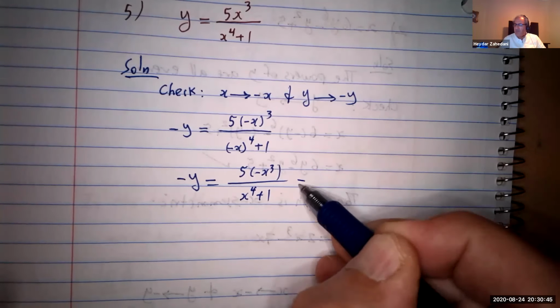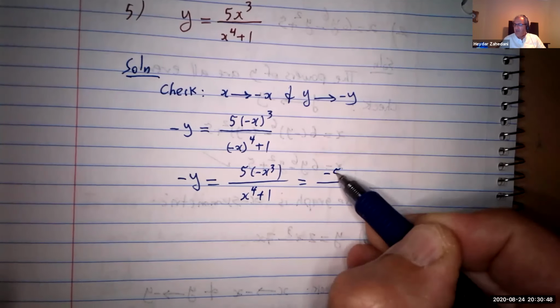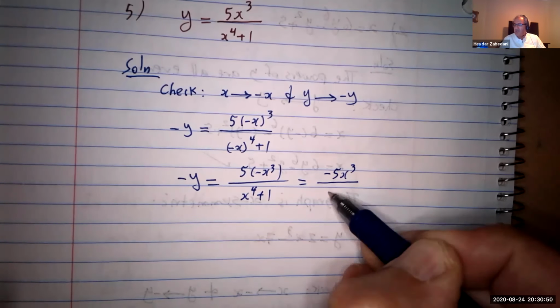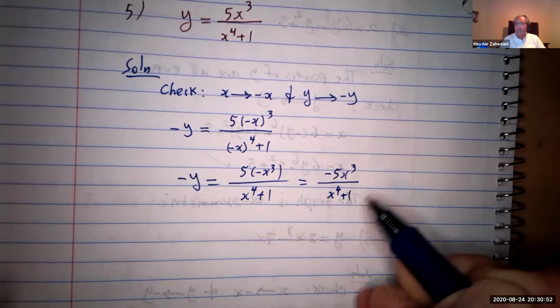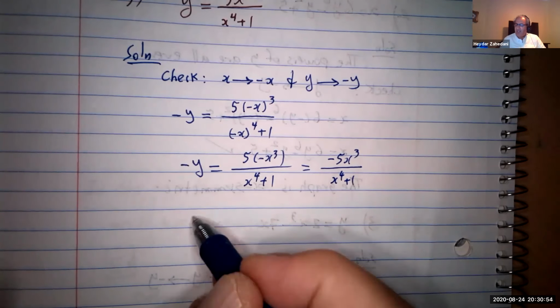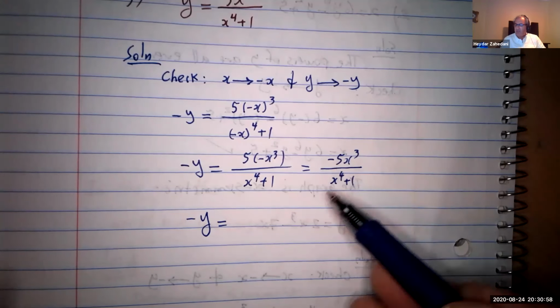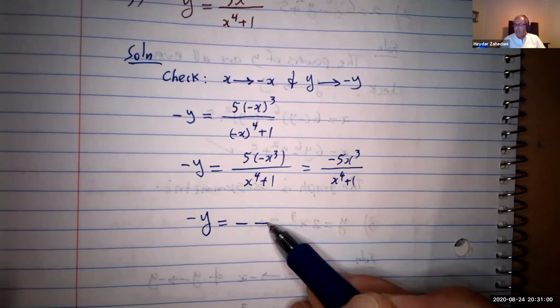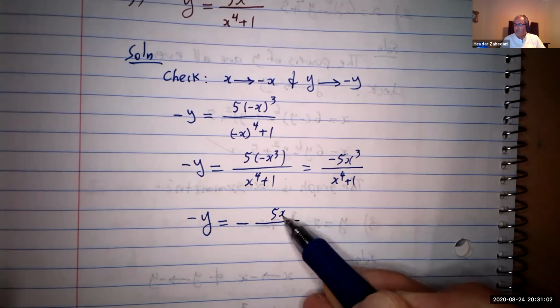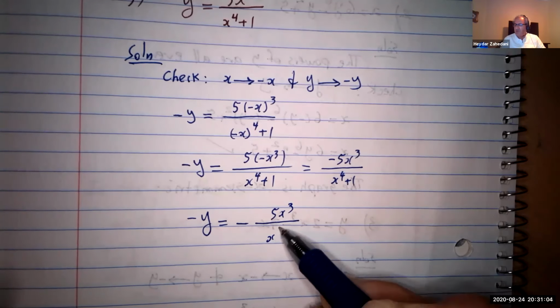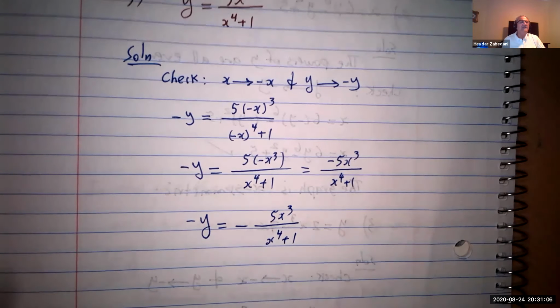On the top, you're going to have negative 5x cubed over x to the fourth plus 1. So negative y equals, with the sign of the fraction, negative 5x cubed over x to the fourth plus 1. Any question?